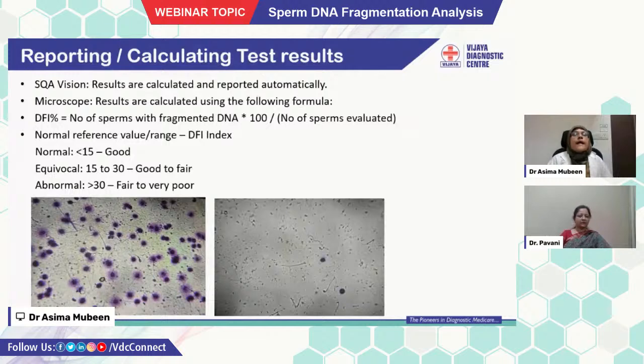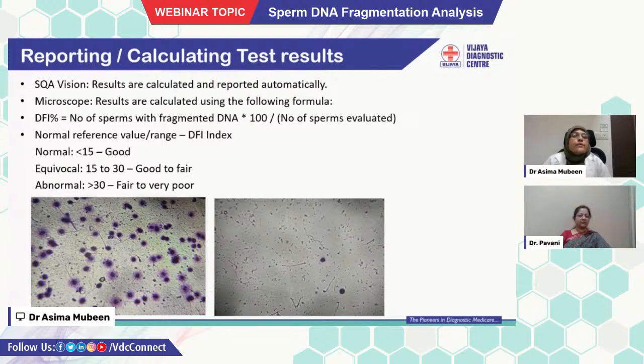How to report or calculate the test results? Now, when we have an automated version, for example SQA Vision, the results are automatically calculated and given to us. Alternatively, we can use the microscope also, wherein we calculate the DFI percentage, given by the number of sperms with fragmented DNA divided by the number of sperms evaluated, multiplied by 100.